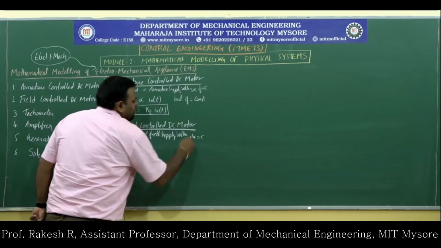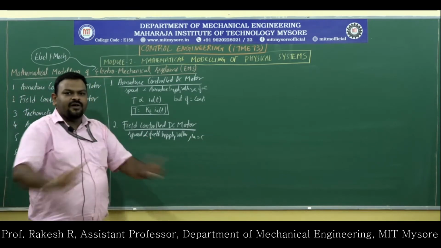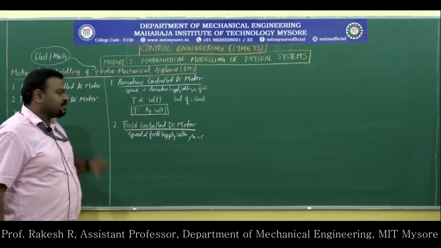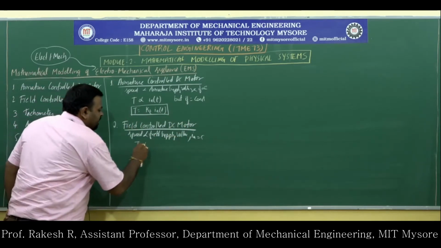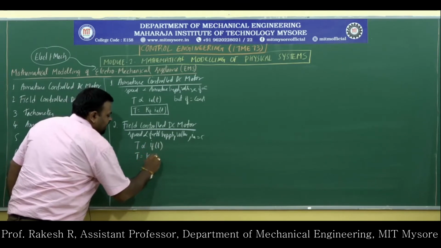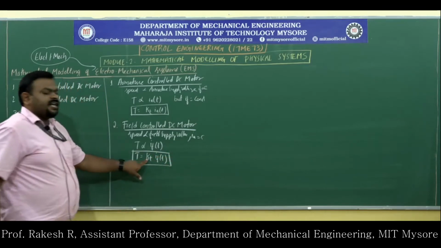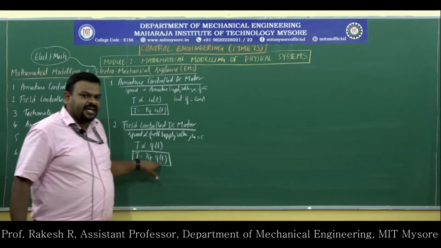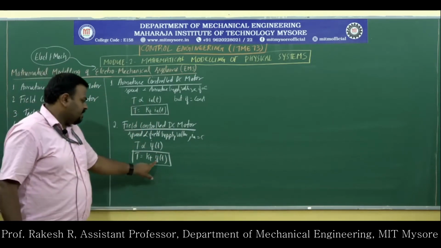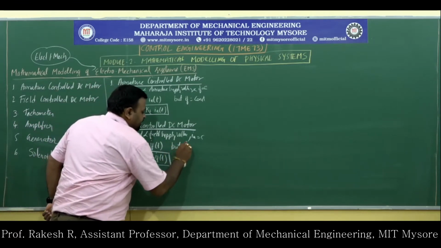So here the excitation is made only for the field supply, not for the armature, but there is a constant armature current flowing across the circuit. The torque will be directly proportional to the field current, and torque T will be equal to Kt into If(t), where Kt is the torque constant and If(t) is the field supply current. Here the armature voltage is constant.